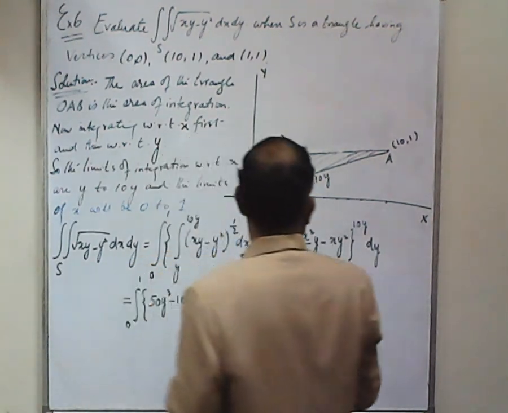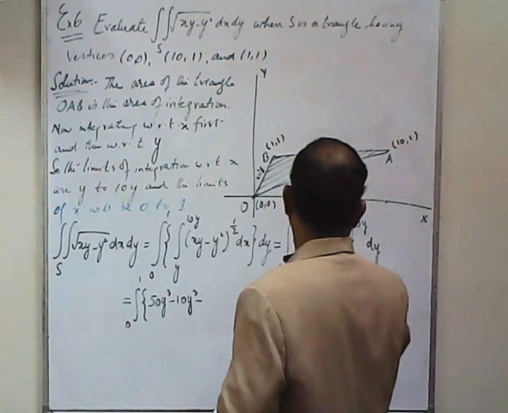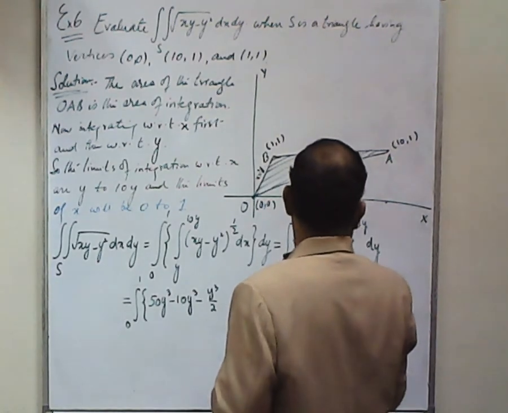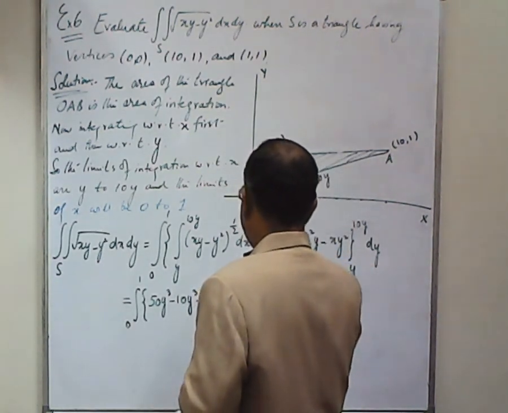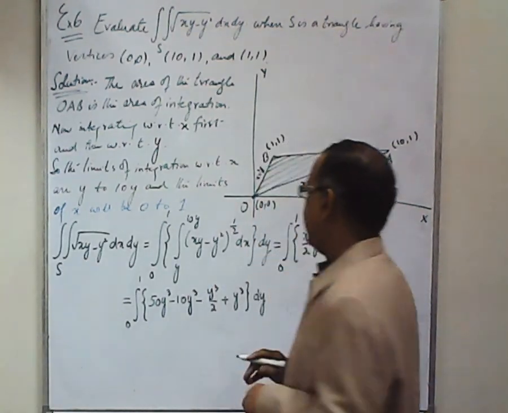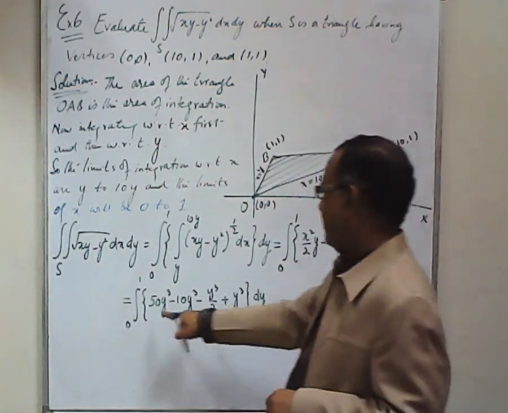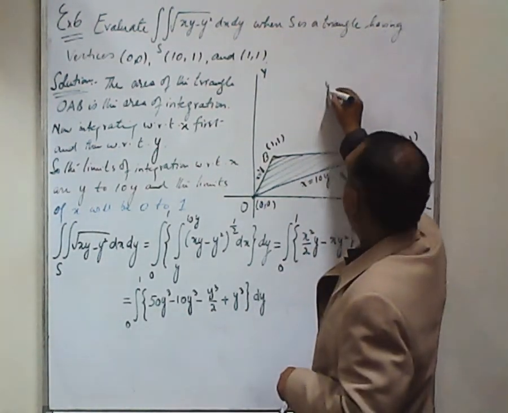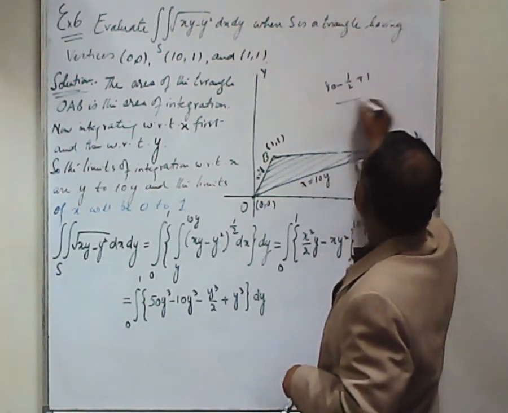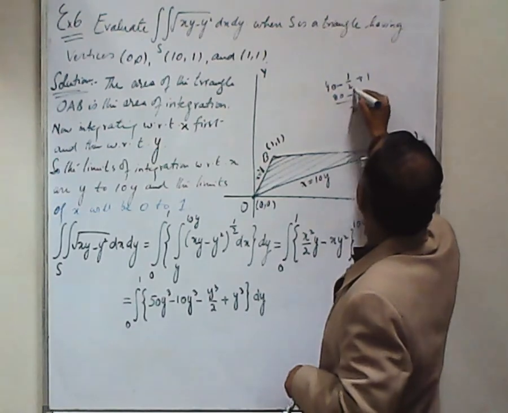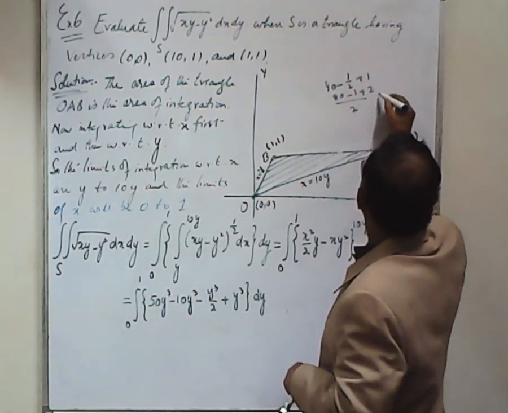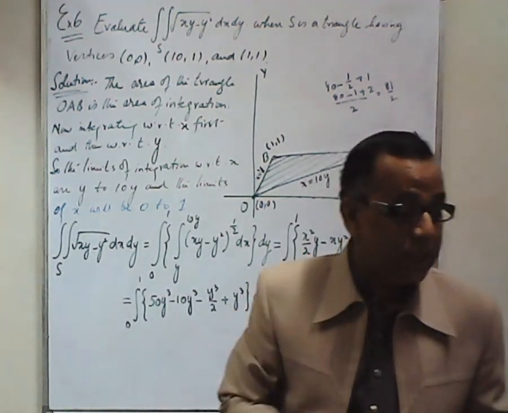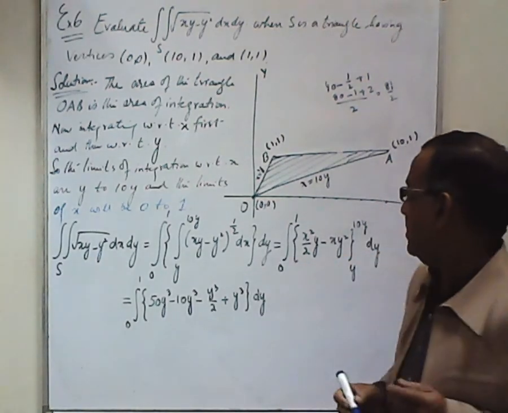This is the upper limit, then minus the lower limit, y cube by 2 minus y cube by 2 plus y cube, and this is dy. So it means 50 minus 10, 40, minus 1 by 2 plus 1, so it means 80 minus 1 plus 2, it means 81 by 2.